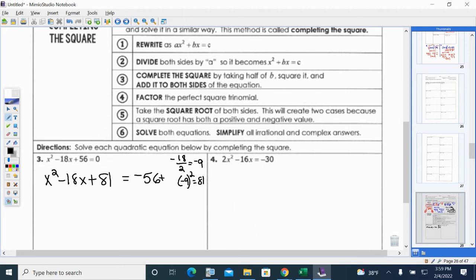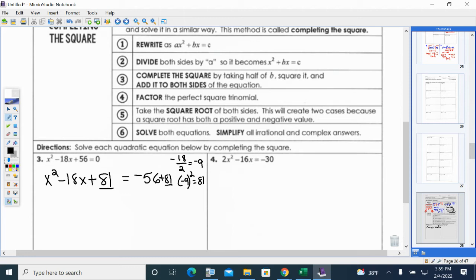And we're going to add that to both sides. And this is why I just said I want you to leave a little space between your bx and your equal sign so that you can add that 81 to both sides. Okay? Now, the left side is now a perfect square trinomial.